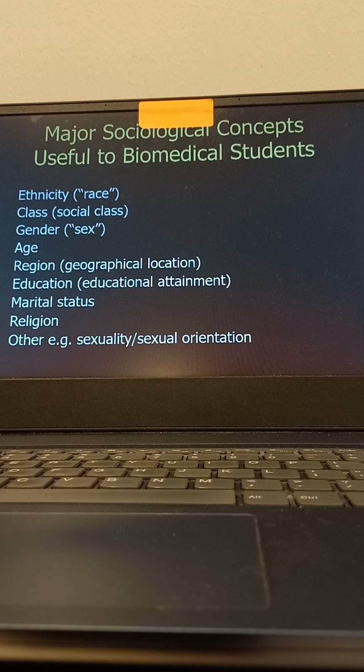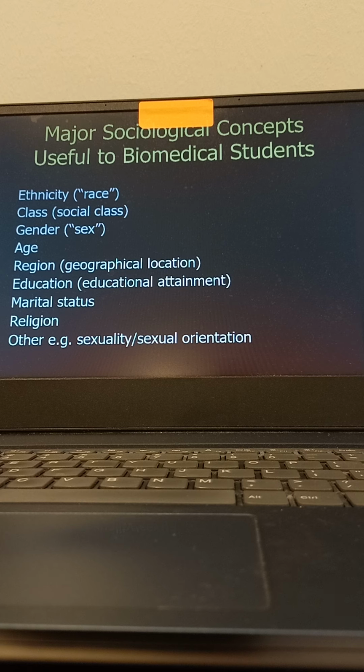Education, referring to educational attainment, the level of educational achievement reached by a particular person, whether primary school level, secondary school level, that is high school level, or tertiary level, a bachelor's degree, master's degree, PhD, and so on.